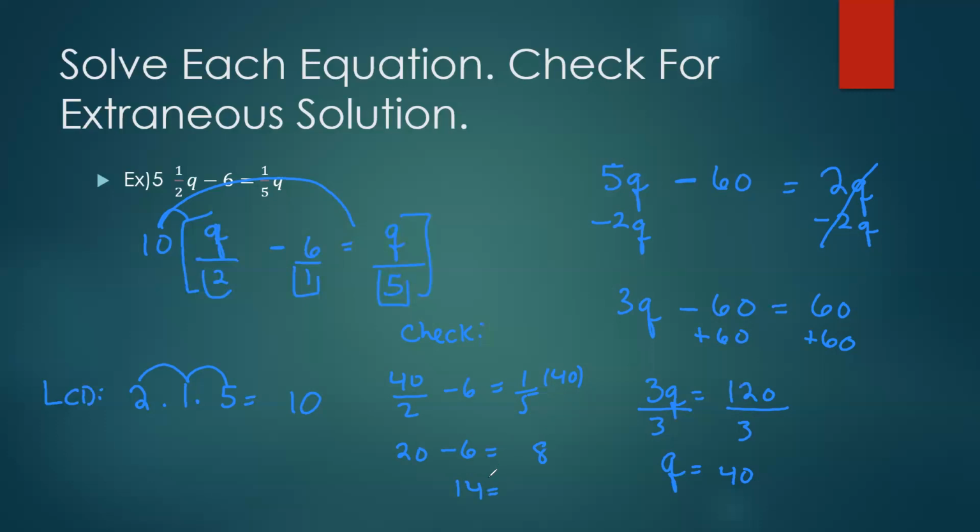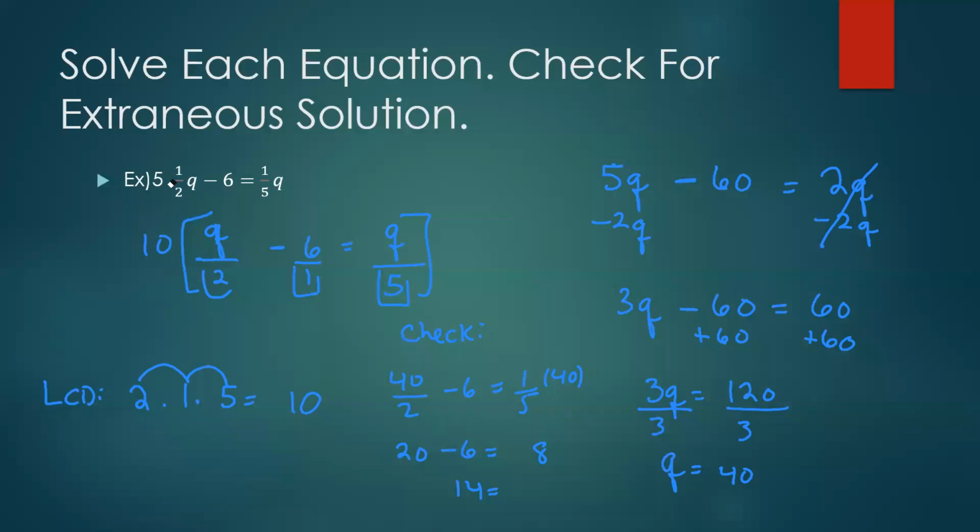It doesn't look right. 20 minus 6 is 14, and 40 divided by 5 is 8. Could we have an extraneous solution? It could be. So this is like our first extraneous.